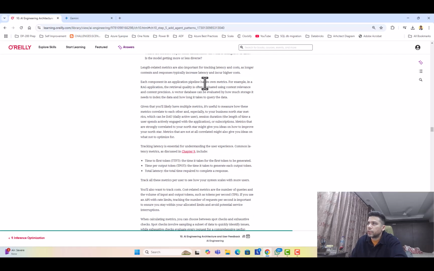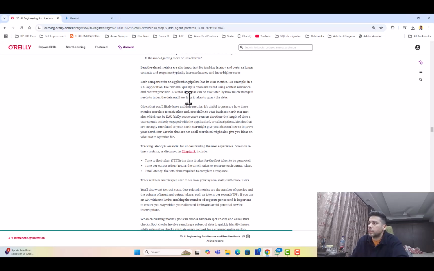Each component in an application pipeline has its own metric. For example, in a RAG application, the retrieval quality is often evaluated using context relevance and context precision. A vector database can evaluate how much storage needs to index the data, and how long it takes to query the data.